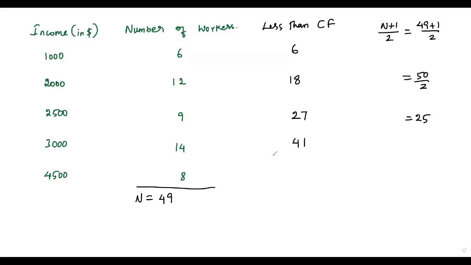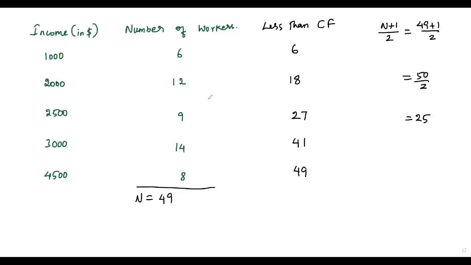So there are 41 workers who are getting an income of $3,000 or less than $3,000. Now for $4,500 or less than $4,500, I add the next number, so there is 49. There are 49 workers who are getting either $4,500 income or less than $4,500 income.